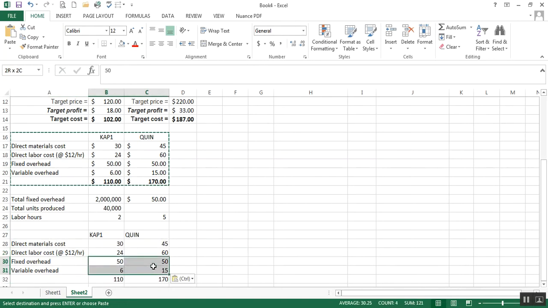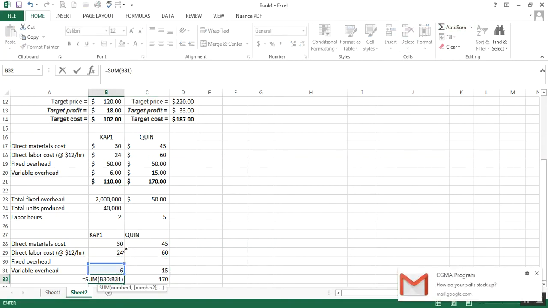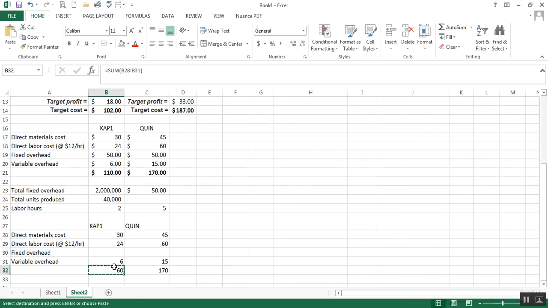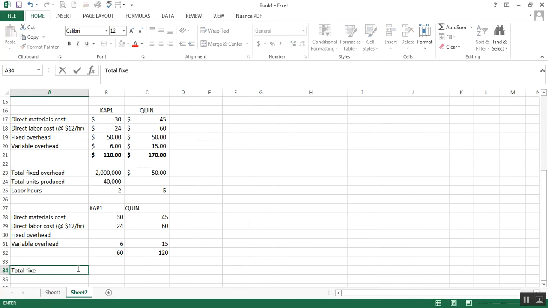Our fixed overhead is changing because we're going to base it off of labor hours. You'll see that we calculated our labor hours here, per unit. So the first thing we need to do is calculate our total fixed cost, which we know is $2 million.